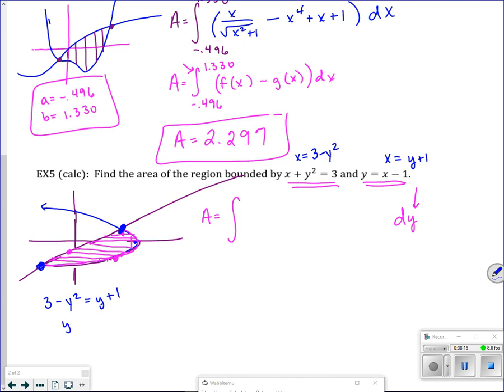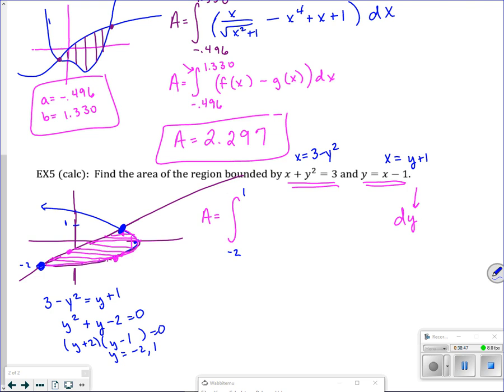I could move everything to the right so my y squared is positive. So I would have y squared minus this. I would factor y plus 2 and y minus 1. So I get negative 2 and 1, which makes sense for my picture, doesn't it? This low y value is negative 2, and this y value is 1. My bounds are always low to high, so negative 2 to 1.